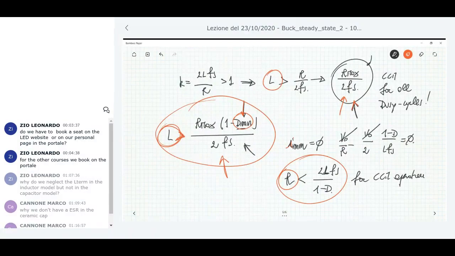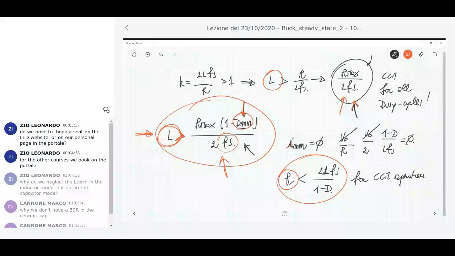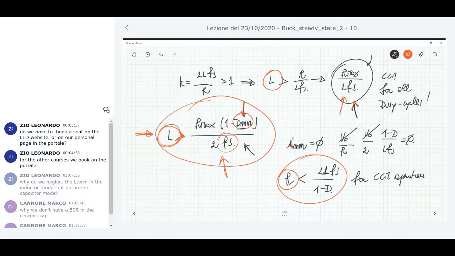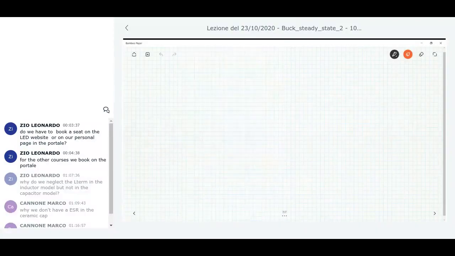Of course, you can also derive the solution for the switching frequency, because the operation in CCM and DCM also depends on the switching frequency you are choosing when you fix the load resistance. Typically, what is required is to design the inductance, because the variation of the resistance is already known. So we are able to design the inductance to stay in CCM.